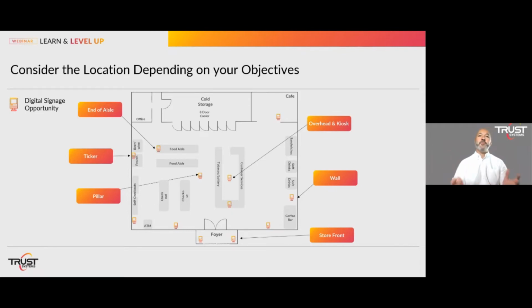So you might want a different screen with a different resolution, brightness, size and scale that will fit that environment, to make it look aesthetically appealing, to blend into the environment, and ultimately make it an attractive solution for your brand.